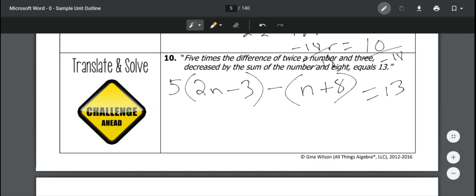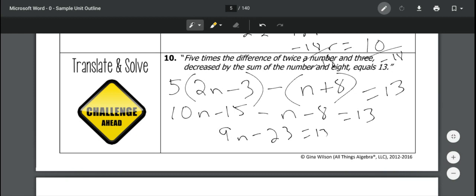So reread that if that was confusing. And then you go ahead and solve it. This says to take the opposite of every sign after in parentheses. And we have 9n and then minus 23 equals 13. 9n equals 36. n equals 4.